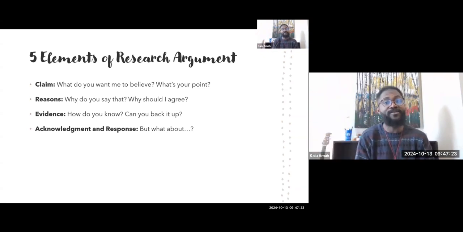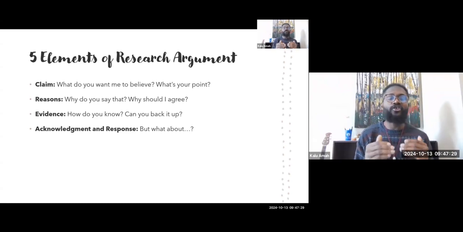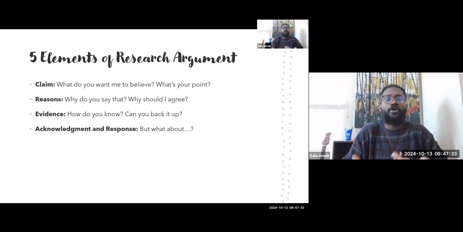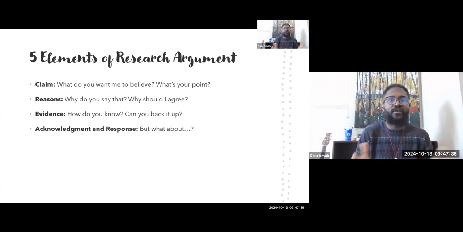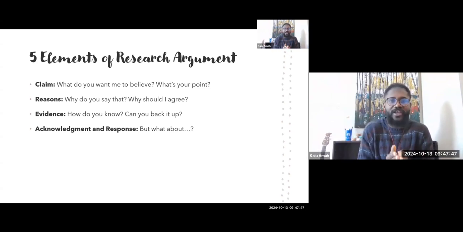Then acknowledgement and response is the next question that your reader will ask you. In acknowledgement, they want to bring up a contradictory statement or view to your own claim. Most times as a researcher, because you don't read voraciously, because you don't read other sources, you just want an independent knowledge.